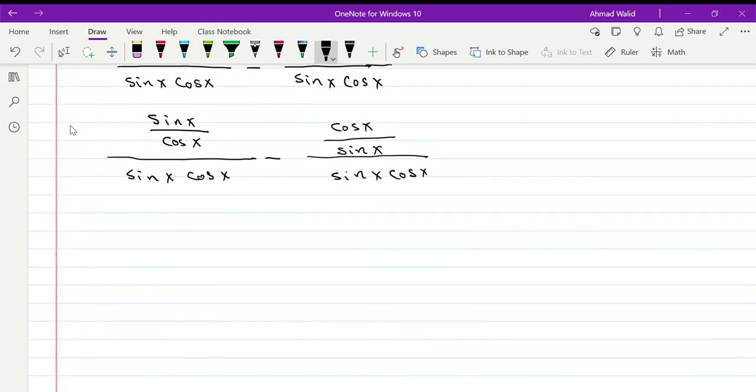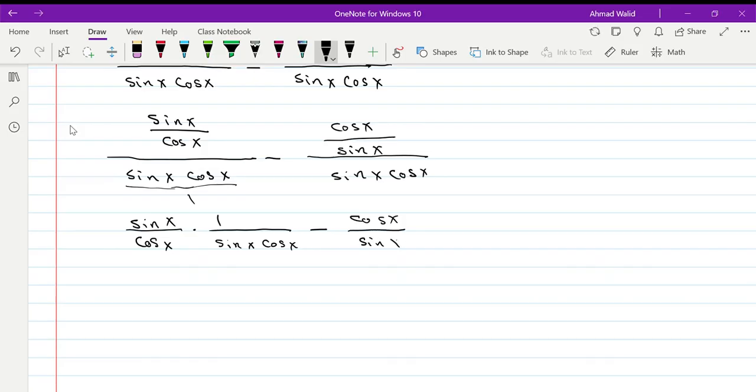It means the numerator, sin x over cosine x, times, flip the denominator. Your denominator is sin x cosine x over 1. To flip it, it becomes 1 over sin x cosine x. Minus, do the same thing here, cosine x over sin x, times 1 over sin x cosine x.